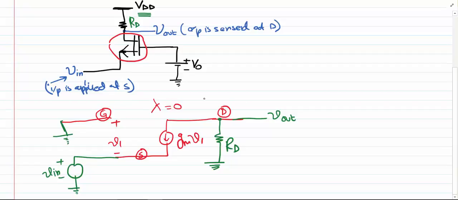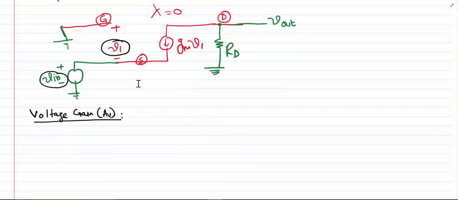So this is the small signal model that we'll use to derive the voltage gain, the input impedance, and the output impedance. Now let's use it to find the voltage gain of the common gate configuration.